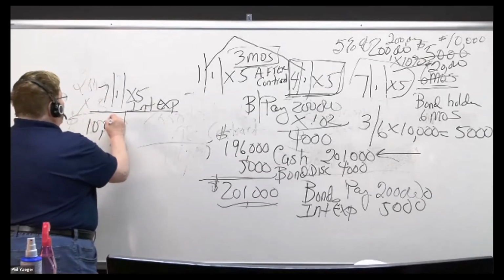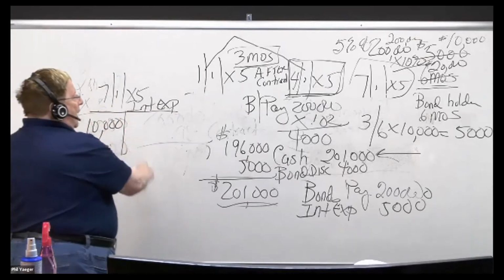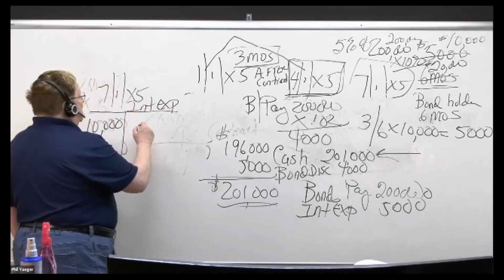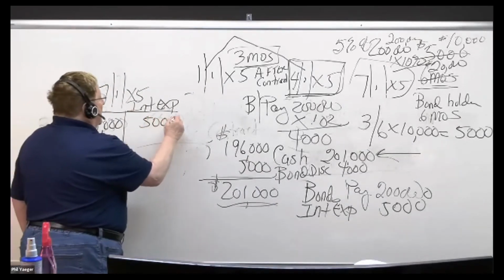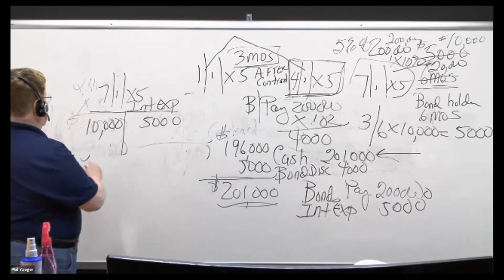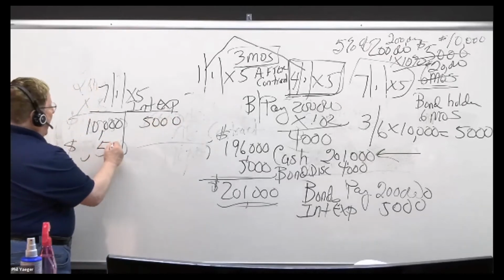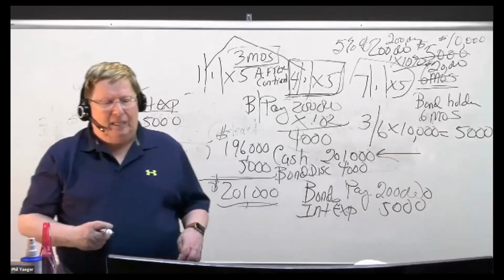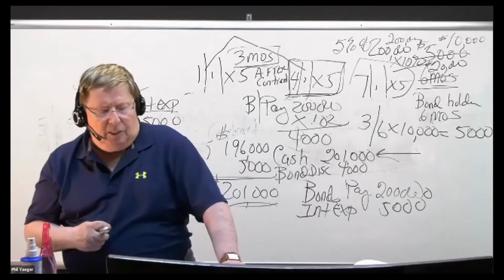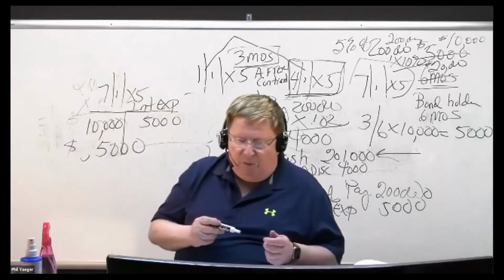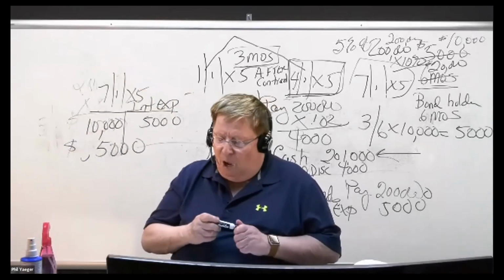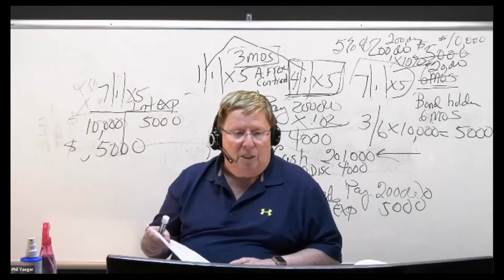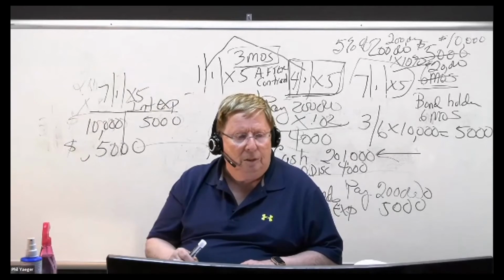But when we sell the bonds on 4/1, we're crediting interest expense for 5,000. So the balance of the interest expense is $5,000, which is half of 6 months. Am I correct? Yes. You see that? Has anybody ever seen this before? Selling bonds between interest dates? Is this a new concept? Not really.